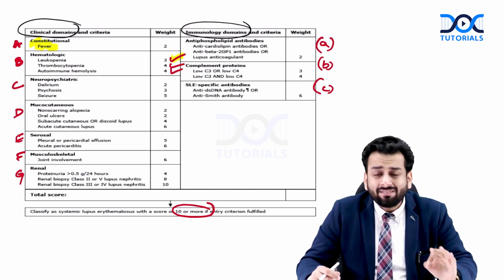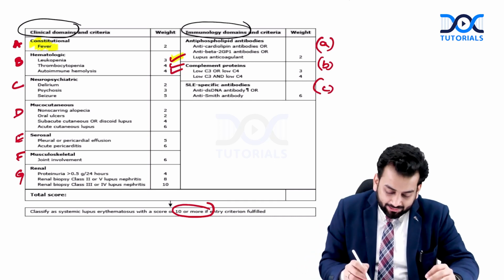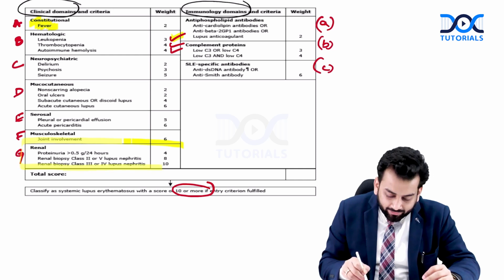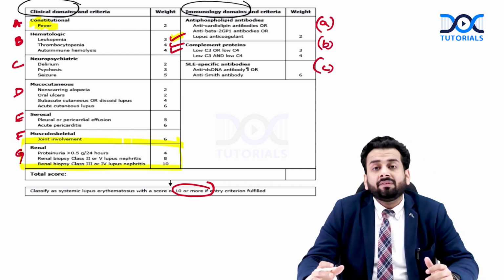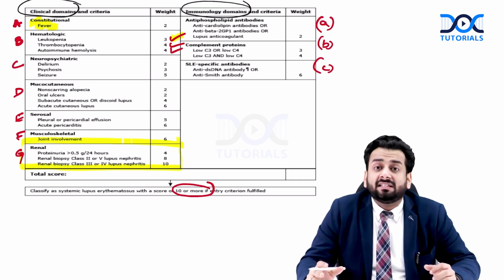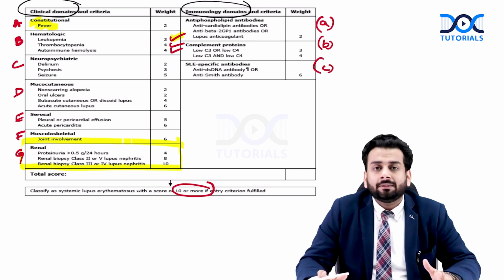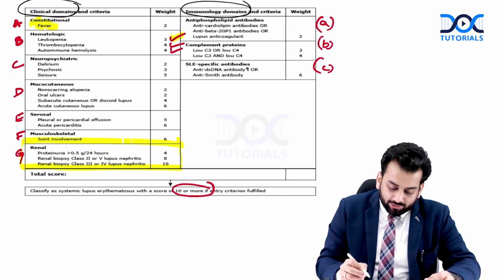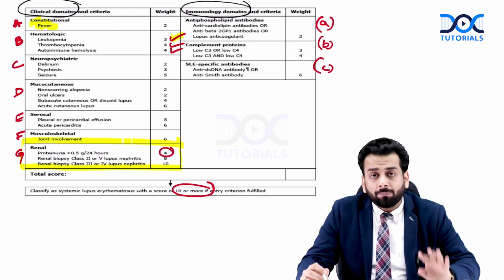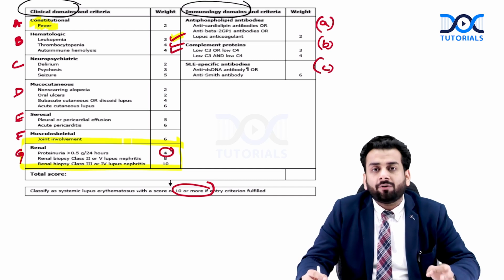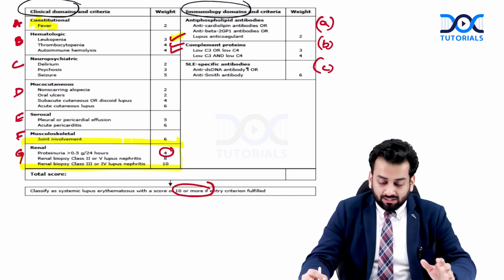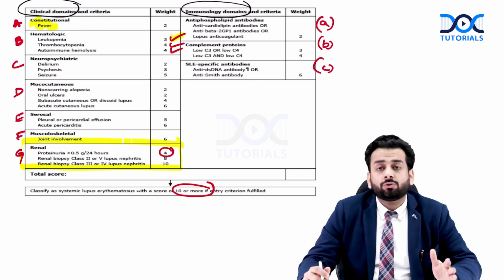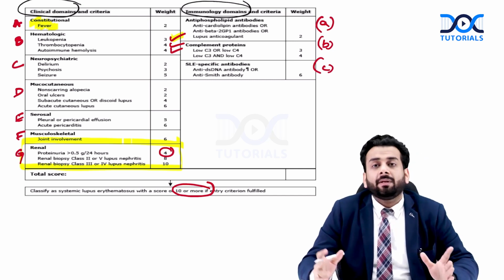Now, very, very important, for the very first time, the renal, which is of the most concern to us, the renal involvement has been subclassified into biopsy types. So if a patient only has more than 500 milligram proteinuria, he will have a point weightage of 4. If on biopsy he has class 2 or 5 lupus nephritis, that will be 8 points.